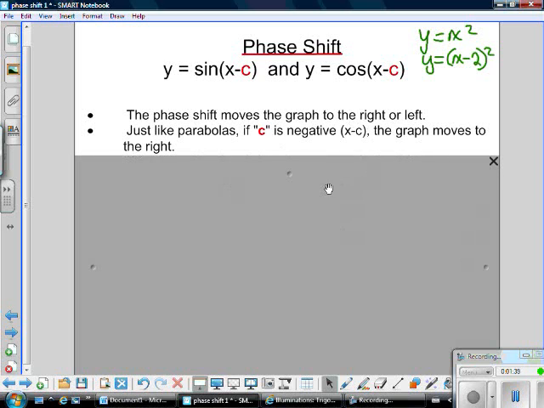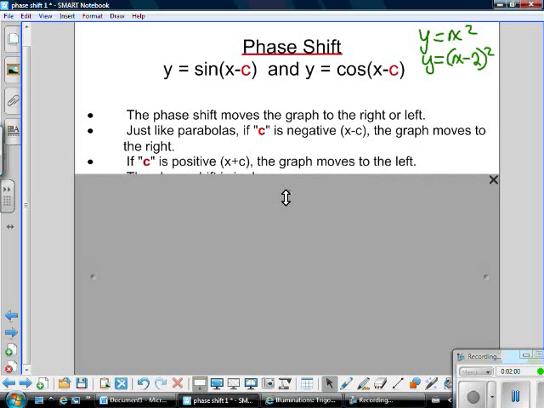Remember in class what I told you: it's so violent when they open up that x that it gets everything mixed up and goes the opposite way of what we would expect. And in fact, when we look at other functions down the road, the same is true there also. When we're affecting the x value, it always moves the opposite direction. So if C is positive, in other words x plus C, the graph moves to the left.